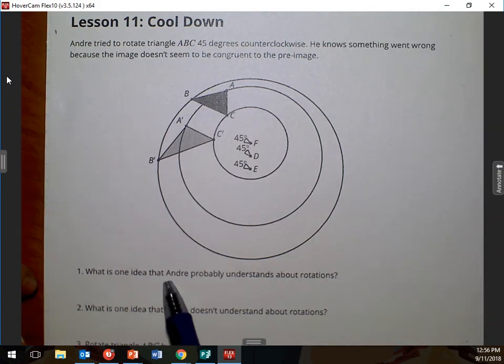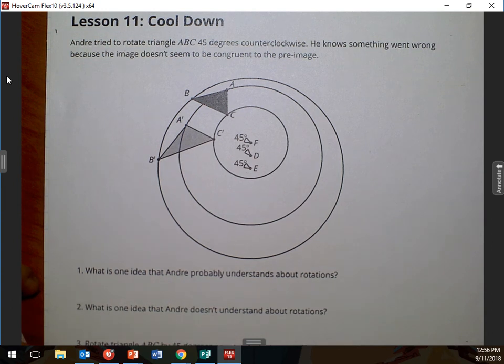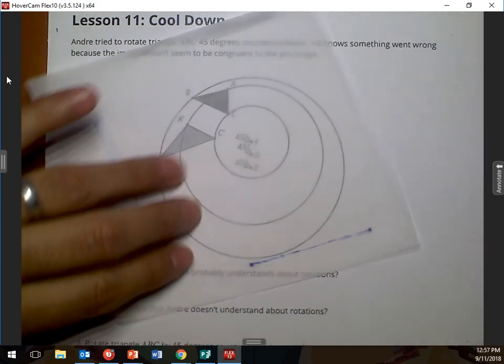What is one idea that Andre probably understands about rotations? What is one idea that Andre doesn't understand about rotations? And rotate ABC by 45 degrees counterclockwise, avoiding Andre's mistake. So, you guys are going to avoid that mistake. Okay, so that's what you guys are going to do right now.